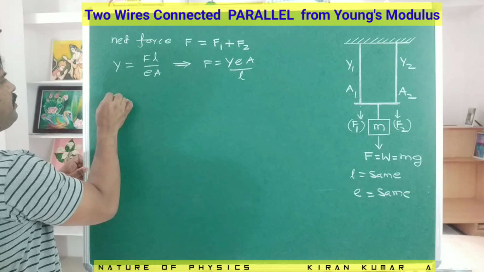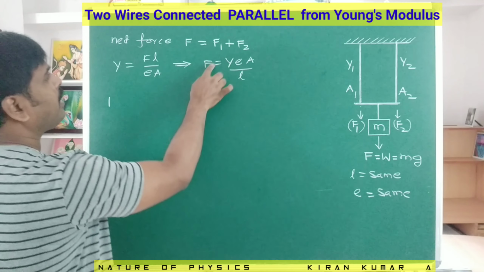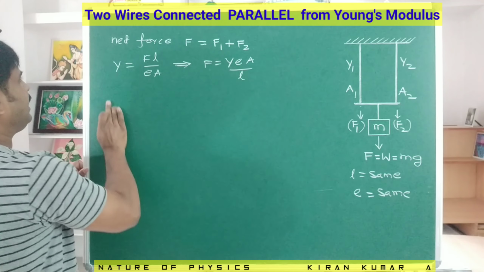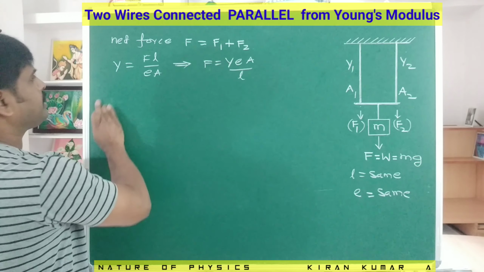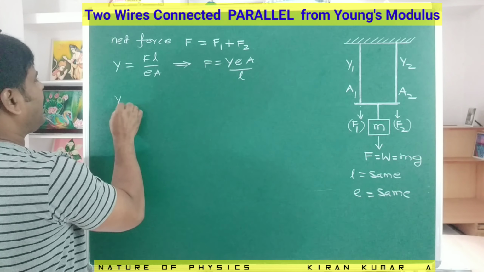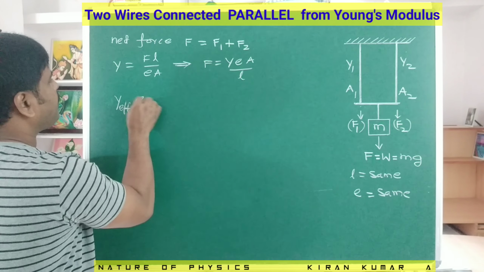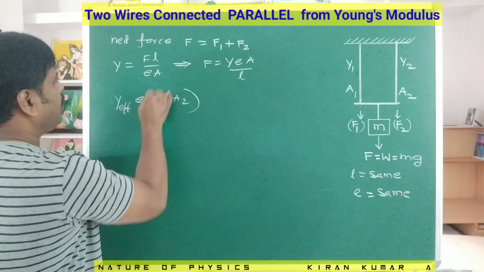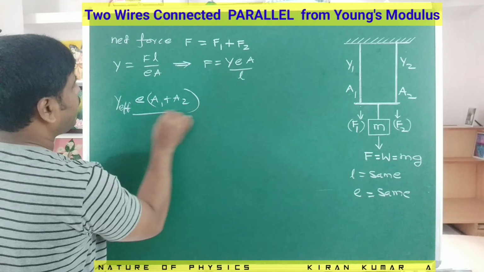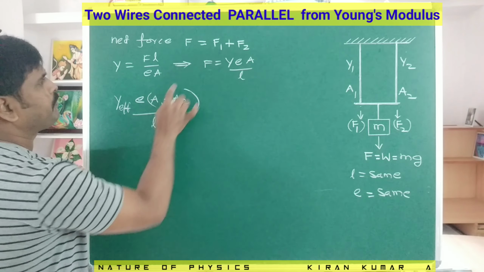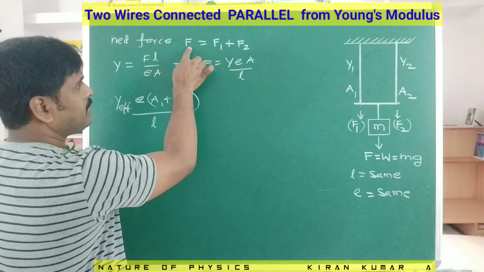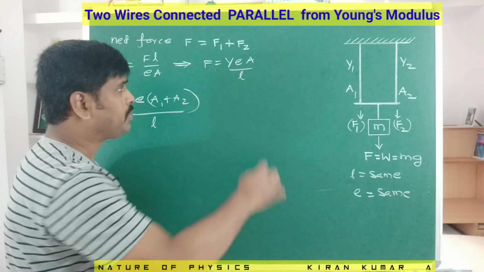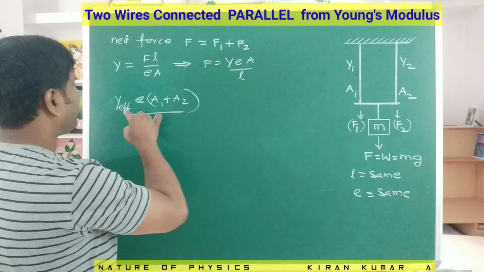So F net force is equal to, here we have to replace these values in the above equation. Then Y effective, E remains the same, area is A1 plus A2, divided by the same length. This F value is replaced in this equation, but we have to take the resultant Y effective.